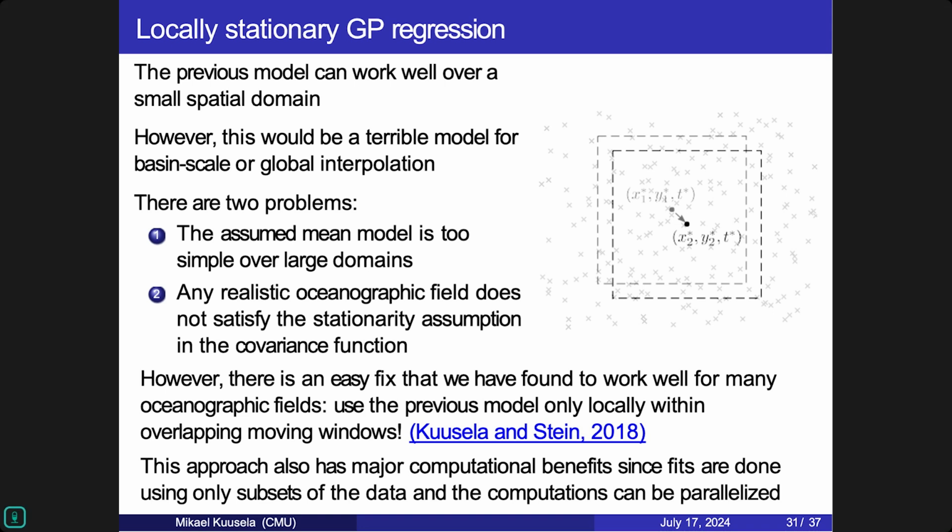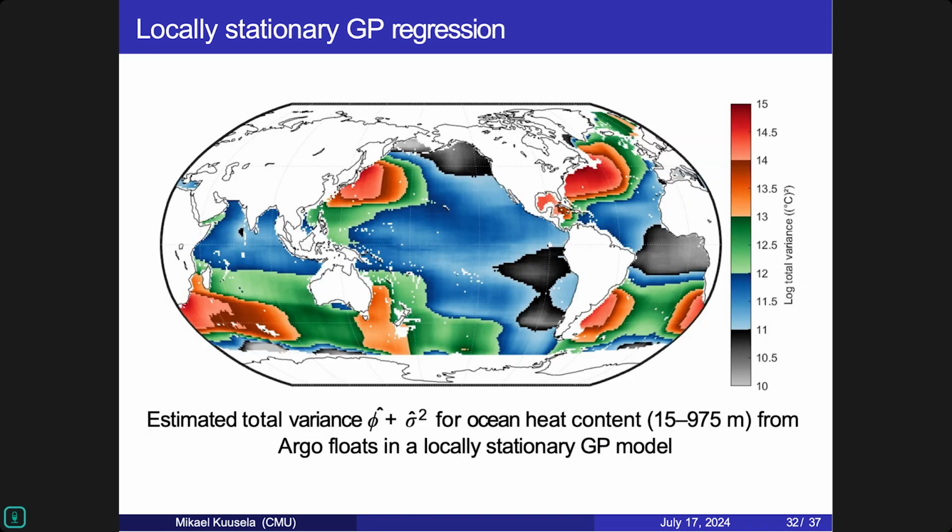So the approach that we've used very successfully with many oceanographic variables, which comes from a paper that I published a couple of years ago, is the idea that we fit these models locally. We use these models locally to interpolate using local information, and then you have a moving window approach to Gaussian process regression.